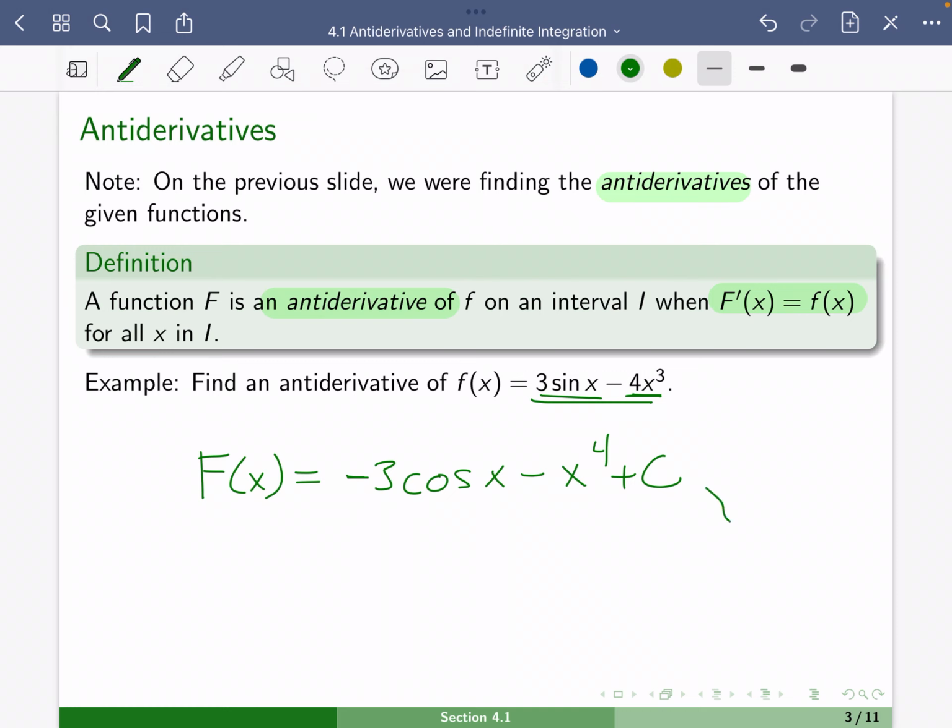This thing right here that we have found is a general antiderivative. We don't have any specific values.